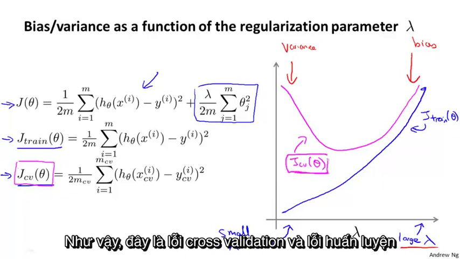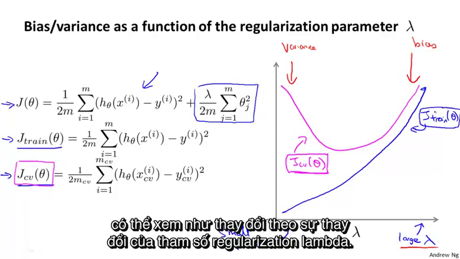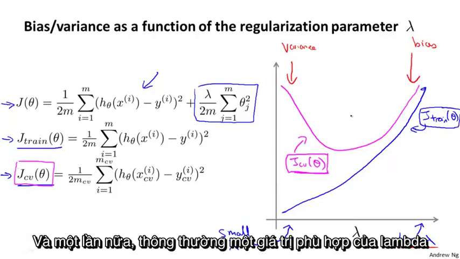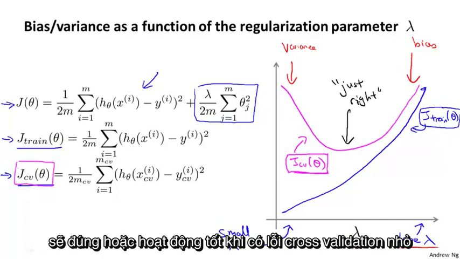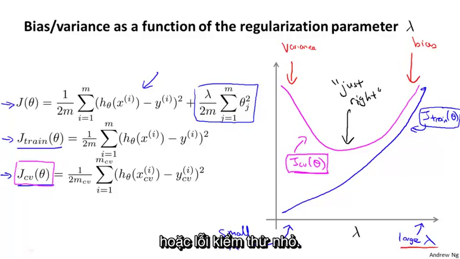And so this is what the cross-validation error and what the training error may look like as we vary the regularization parameter lambda. And so once again, it will often be some intermediate value of lambda that is sort of just right, or that works best in terms of having a small cross-validation error or a small test set error.